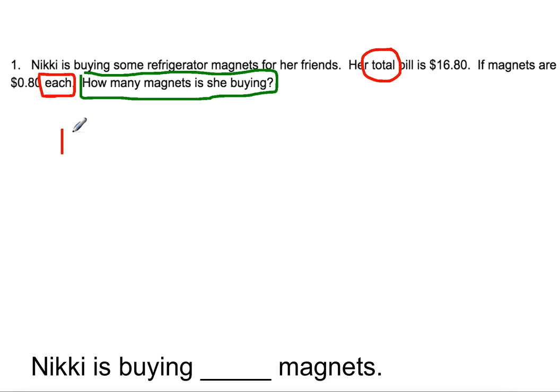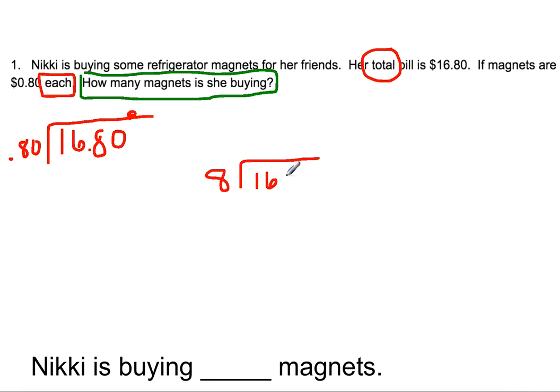So I'd take 1680 divided by 0.80, or 80 cents. Now you've got to remember, with division you have to move this twice, so this has to be moved twice, so that's really where my decimal point is. So now what I really have is 8 goes into 1,680.